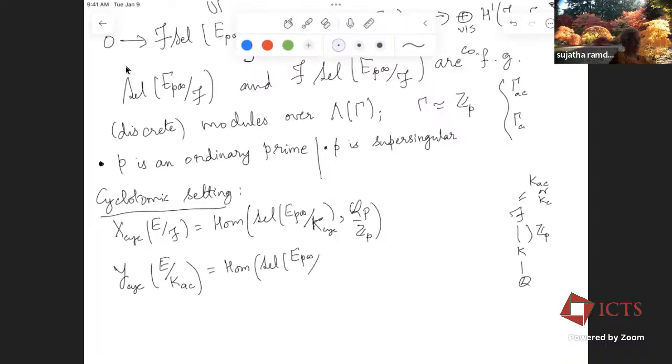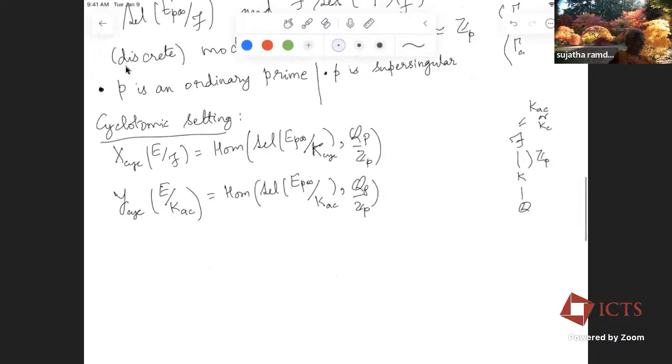Now, this is a divisible Selmer group in the sense that I'm working with the divisible coefficients, E_P^∞, Q_P mod Z_P. So now in the cyclotomic setting, it's a conjecture of Mazur, and it was proved by Kato in this case.